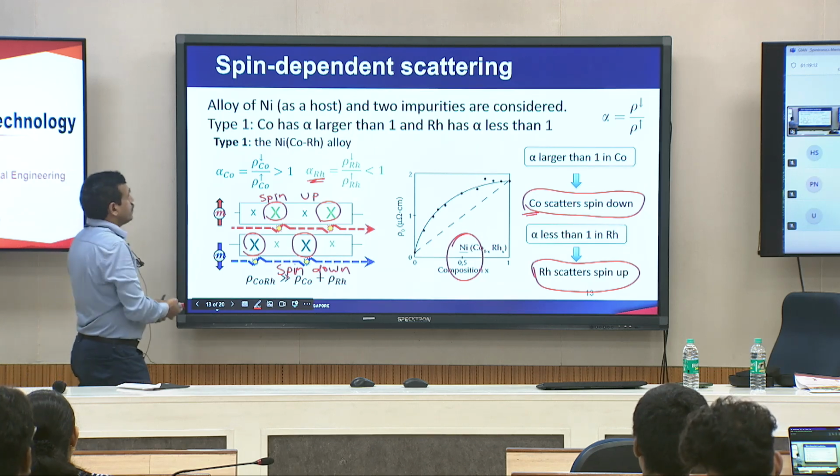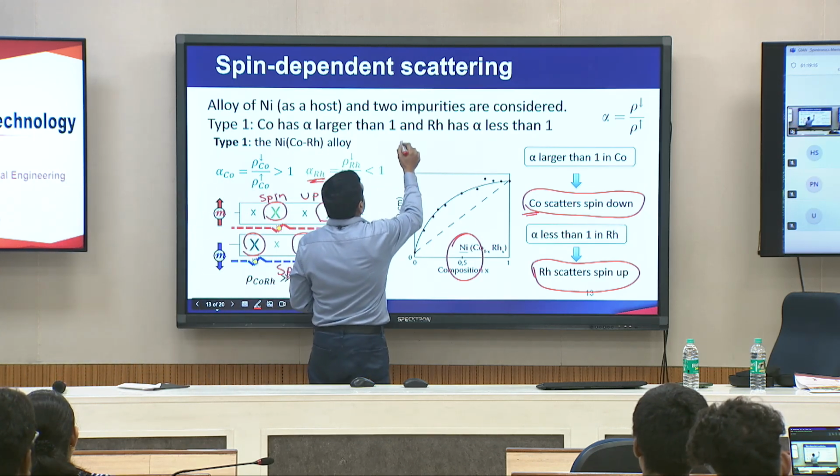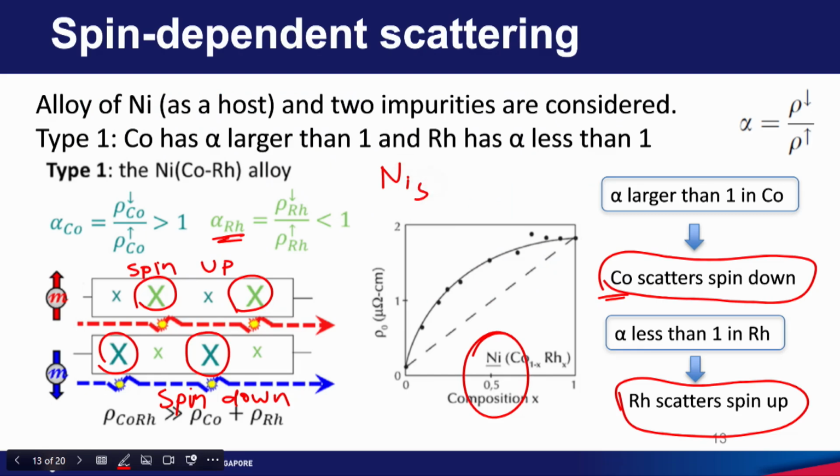So what it means is that when you have, say, nickel 50, cobalt 25, rhodium 25, in this kind of system, cobalt scatters spin down electrons and rhodium scatters spin up electrons.